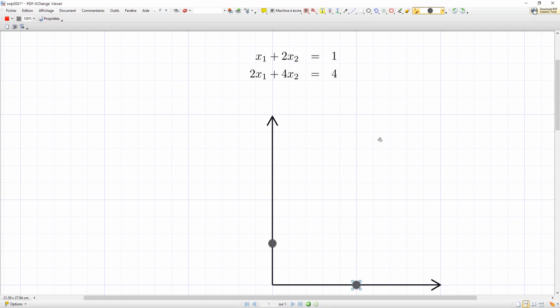So that's one equation. And then the other, instead of 1, I get 4, or I get 2, right? So I would get something like this.